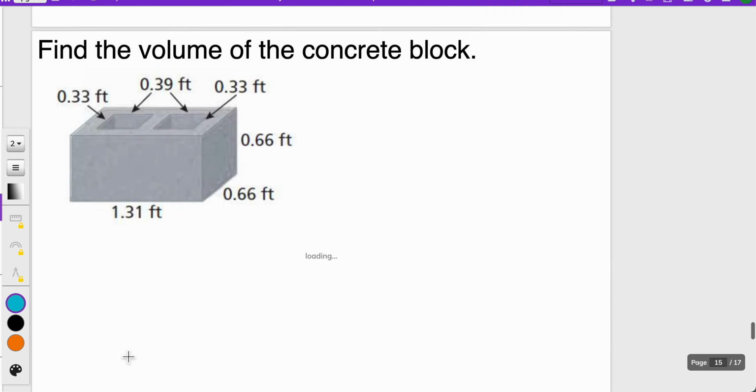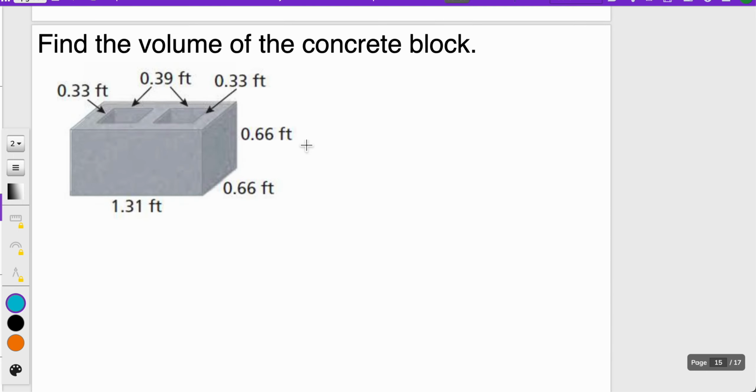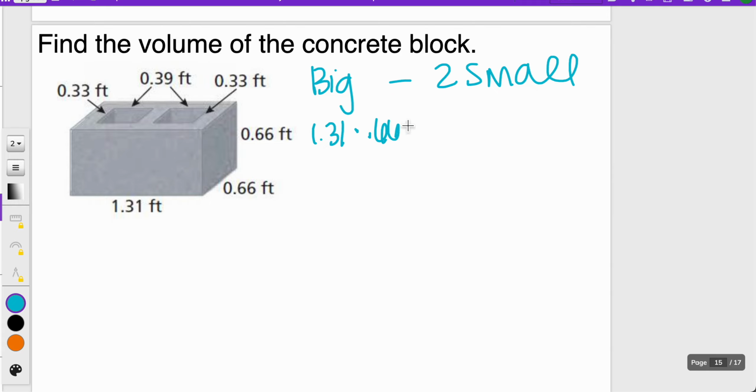One last one, find the volume of the concrete block. This one is just where you're finding the big block minus the 2 small. So your big block can be found by doing 1.31 times 0.66 times another 0.66, which gives you 0.5706.